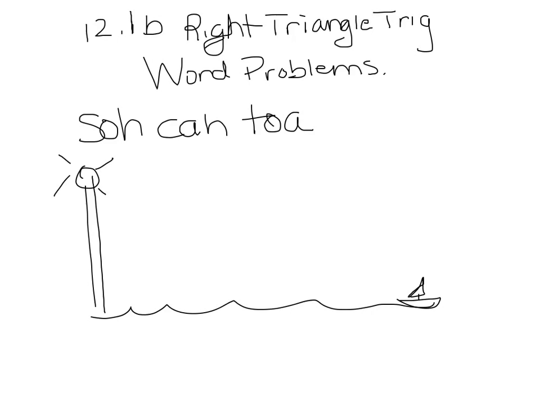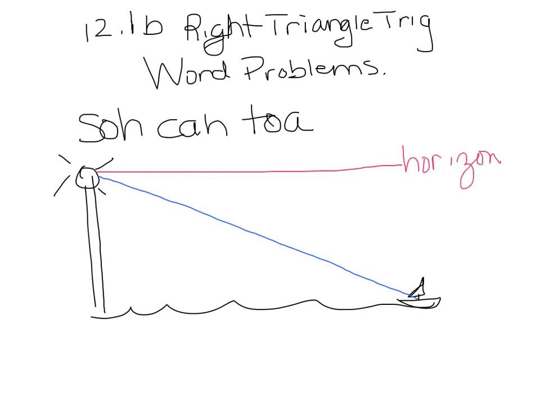So he sights along this line of sight, and he wants to measure his angle of depression. Now, angles of depression and angles of elevation are both given from the horizontal. So here's a horizontal. When he's looking at the boat, his angle of depression is from the horizontal to his line of sight, and that would be your theta, or angle of depression.